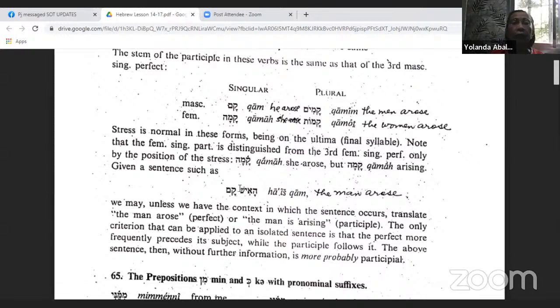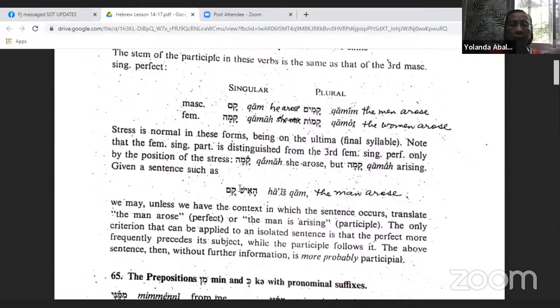Ang plural ng kom, sa masculine, kamim, the men arose. Ang plural ng kama, sa feminine, kamot, the women arose.